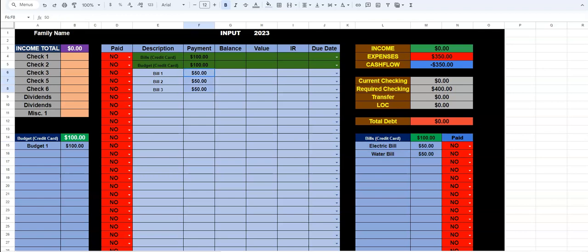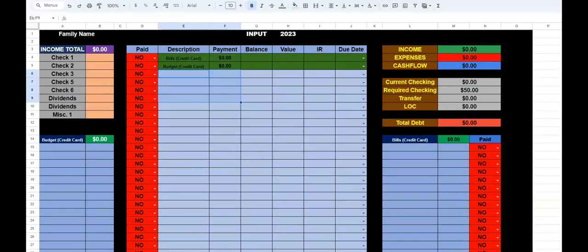So that total of your bills, 150, yes, you would pay those out, but you still need to make the payment to the credit card itself, not to the bills themselves. The bills themselves will be taken out, and then the credit card is going to become due. So you have to keep that total amount in the required checking account so that you can cover and make those payments. You can pay those cards off every month. Let me know if you have any other questions.